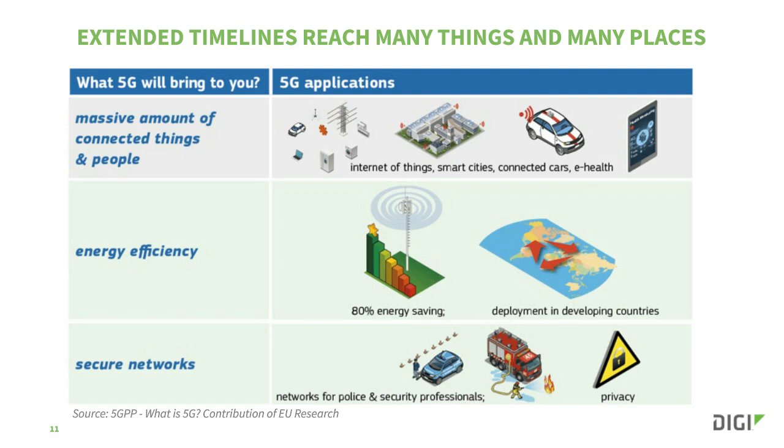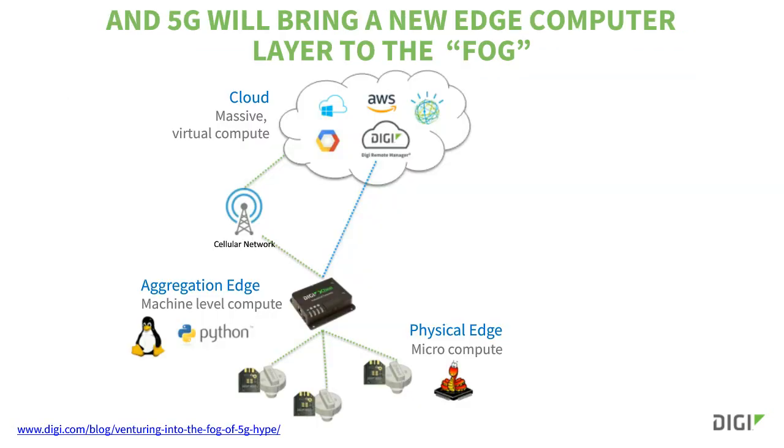One of the things we'll talk about in a minute is that 5G is going to bring a capability of proximal security that we don't always have with the existing technology. One thing we talk about at Digi is that we're a very edge-centric company. We deploy at the physical edge with our XBees. We deploy at what we call the aggregation edge, which is typically the gateways and routers. Everything is connected to the cloud, of course.